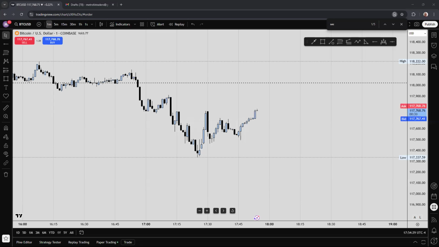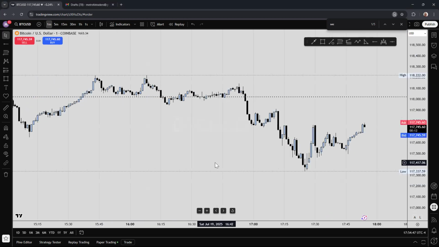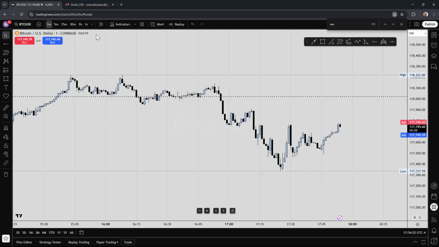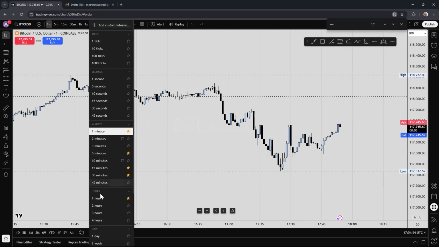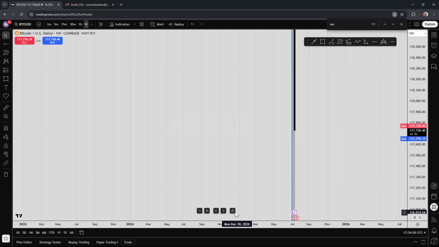Bitcoin hit an all-time high last week, July 19th, when it hit this area right here. We're just going to dissect to see what's going on, see if we can find any opportunities within Bitcoin. I normally start off with a top-down analysis, so we're going to start with the weekly and then work our way down.